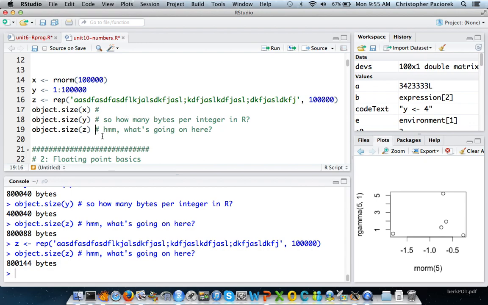Is it possible that R actually allocates more memory than needed for a string in case you want to append to it? Yeah, that gets back to the question of what would happen if we have a character vector and I take one element and try to replace it. It may want an extra buffer to be able to do that without having to allocate the whole character vector in memory again.